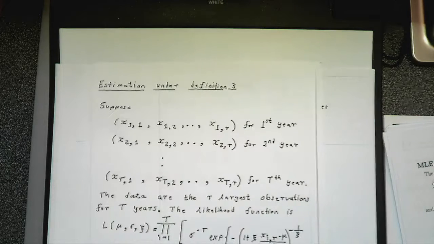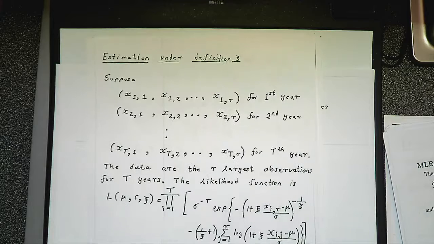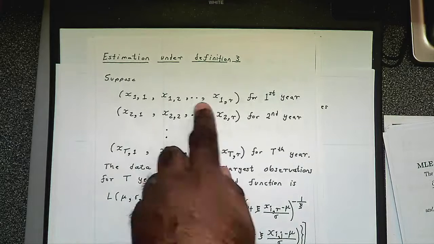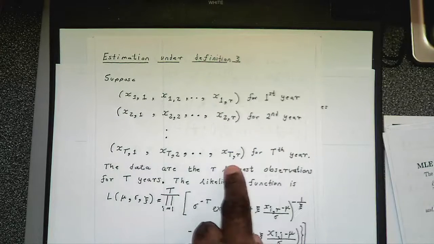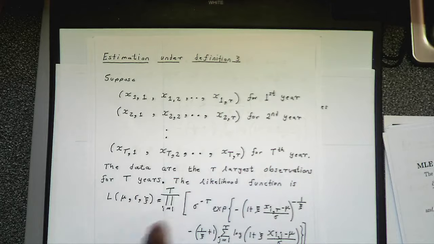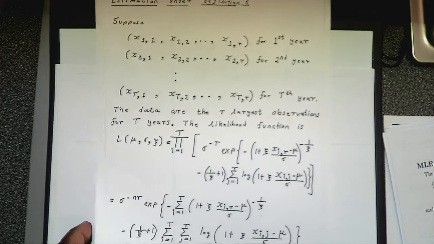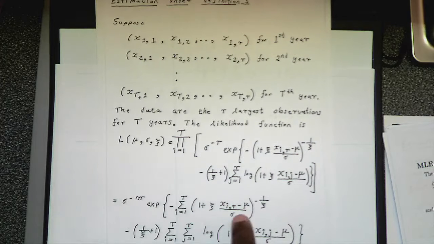Now for estimation, suppose these are the extreme values for the first year, these are the extreme values for the second year, and these are the extreme values for the 10th year. Then the likelihood function will be something like this, right?